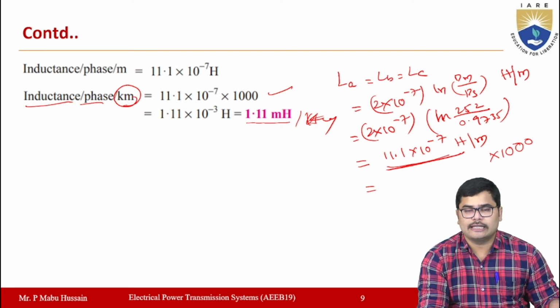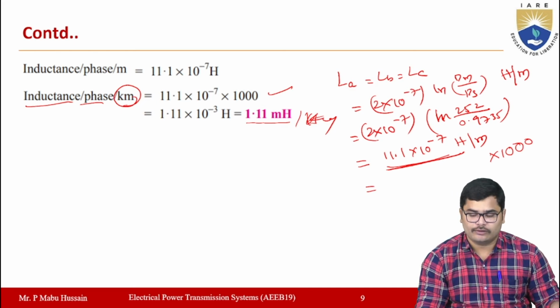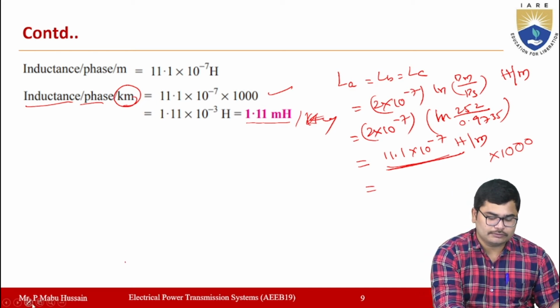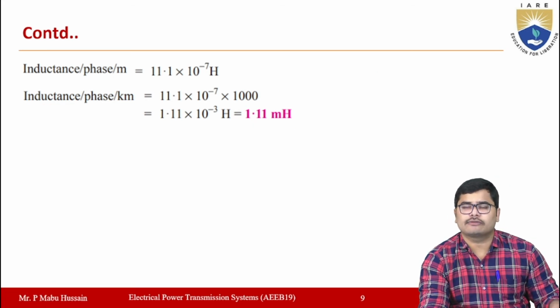circuit transmission line in which the conductors are arranged on a horizontal plane. Till now we discussed the calculation of inductance of a three-phase transmission line by considering a single circuit transmission line system.